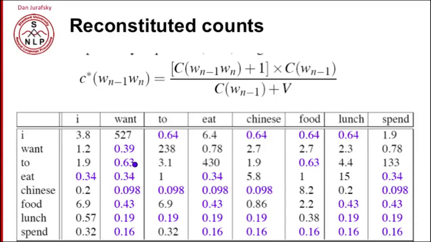And we ask, what do those reconstituted counts look like? How much has our add-one smoothing changed our probabilities? So here are the reconstituted counts. I is followed by want 527 times, or Chinese is followed by food 8.2 times. These are reconstituted counts, and let's compare them to the original counts.